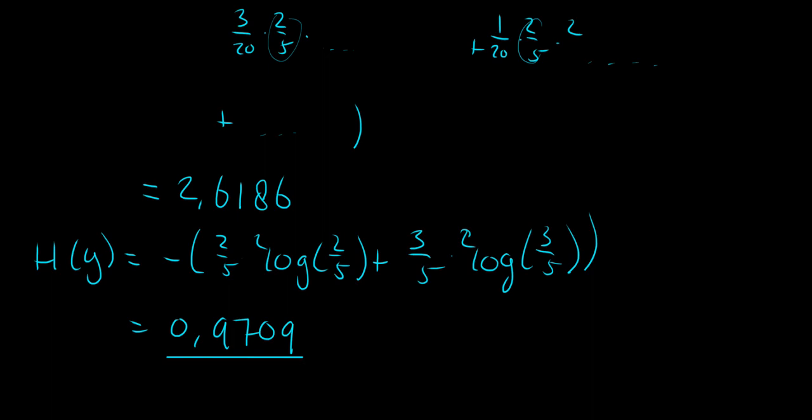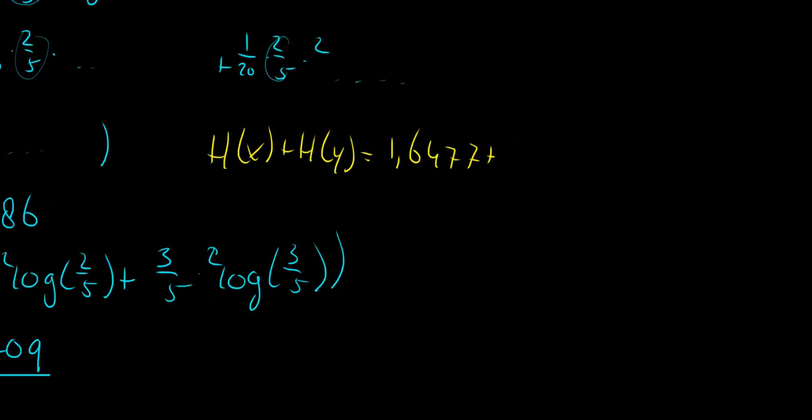If we have H(X) plus H(Y), we would get 1.6477 plus what we just calculated, 0.9709, which results in exactly 2.6186, which also indicates that they're independent, and we can just add them like this.